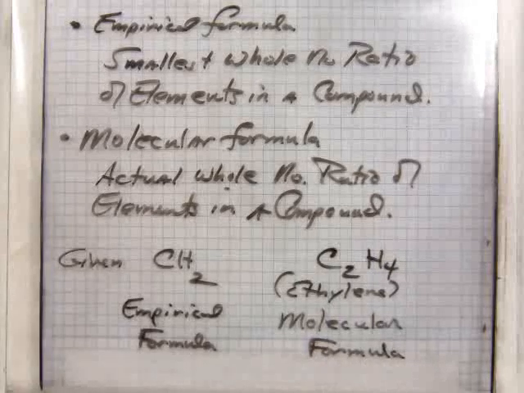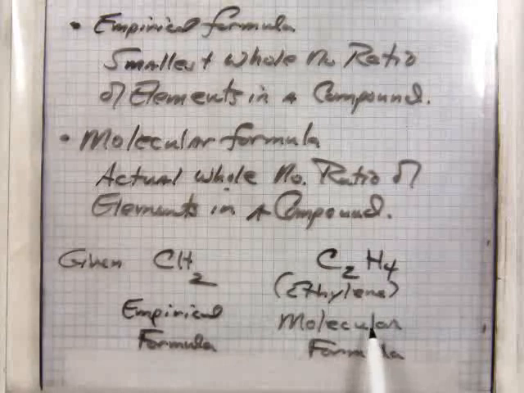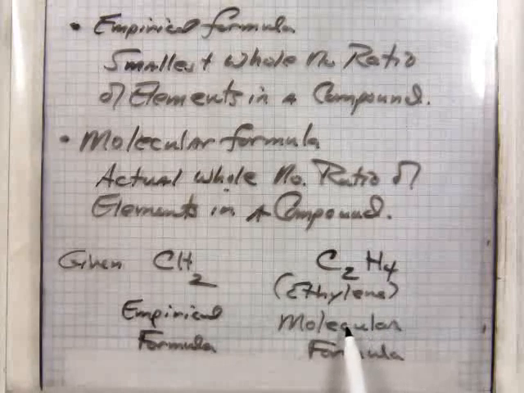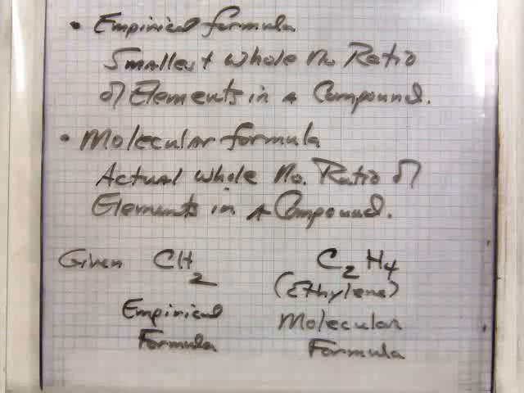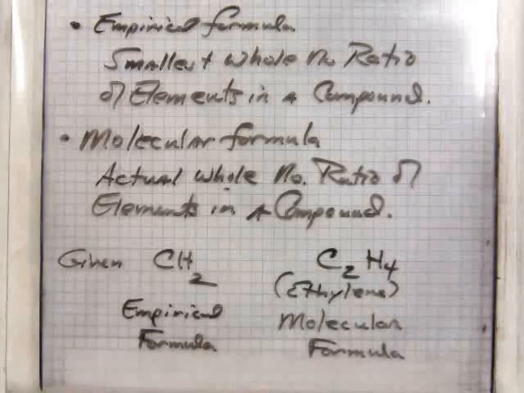So if you were talking about ethylene, the actual whole number ratio is 2 to 4 for that molecule. But the empirical ratio for that is 1 to 2 for the carbon and hydrogen. That's what I'm trying to define, to show you what empirical means against what molecular means in terms of what we're trying to talk about today in formulas.